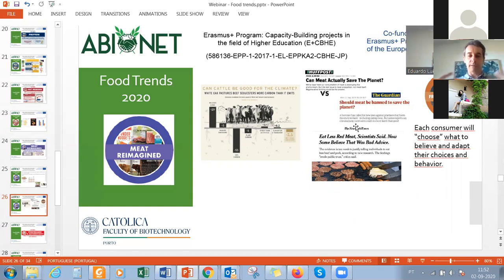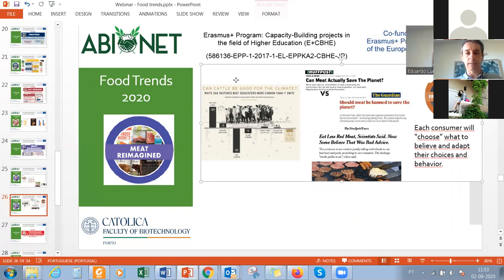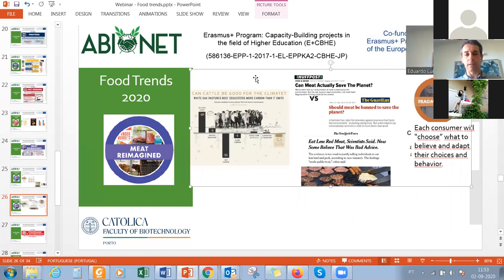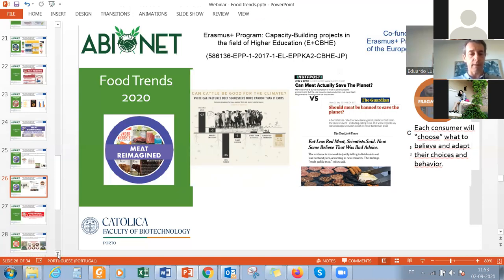Maybe there are different arguments that could be used. Can cattle be good for the climate? There are different proposals for trying to sell meat in a way that is more reasonable for people to understand and to buy.